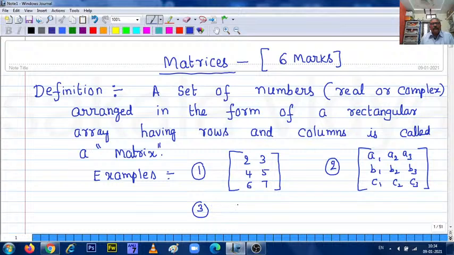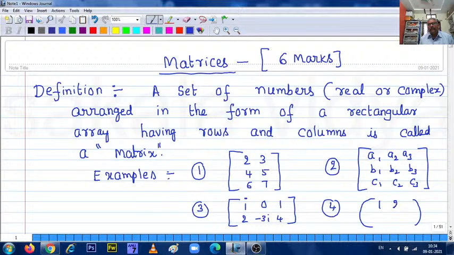Third example, a complex number: 0, 1, 2, minus 3i and 4. You can use this bracket, or sometimes these brackets also, no problem. You can write like this also, for example 1, 2, 3, 4. This bracket also we can make use of.